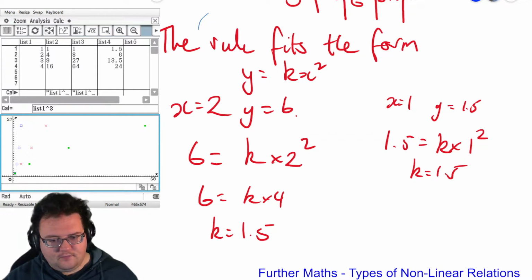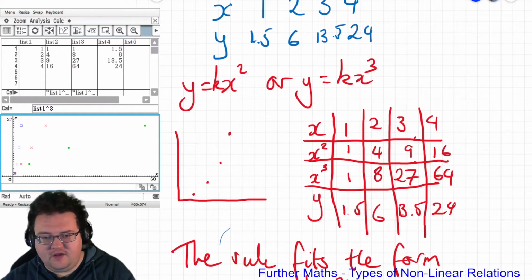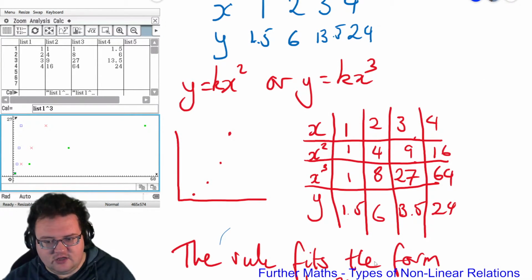So here's the thing: we can use our CAS to set this up, to do a lot of this stuff for us. And the important thing to remember is that we can still use our statistics function.